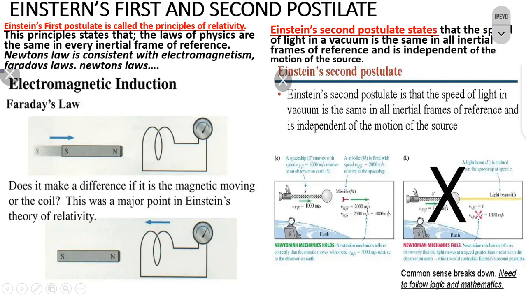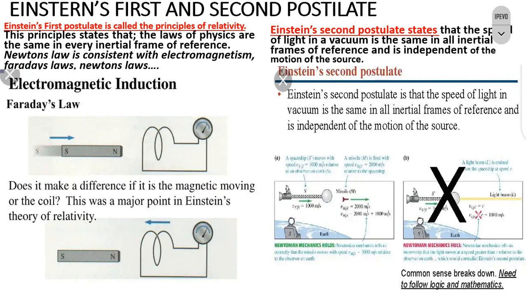So Einstein's second postulate is that the speed of light in vacuum is the same in all inertial frames of reference. Whether you are observing the speed of light from the jet or you are outside and observing the jet moving, the speed of light is the same.